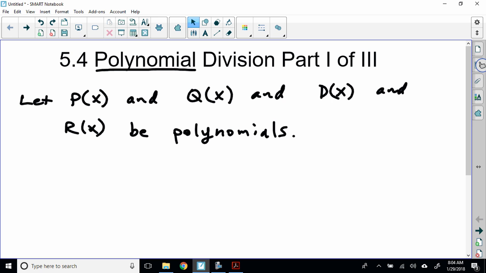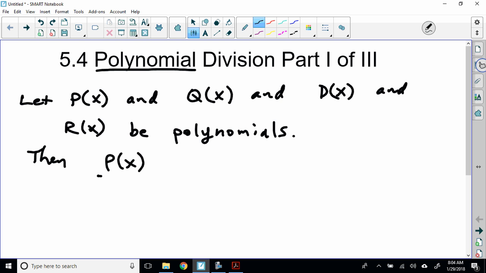So if P of x, Q of x, D of x, and R of x are polynomials, then what happens? If we had P of x divided by D of x, that's taking some polynomial and dividing it by a divisor, then that's going to equal our answer, which is our quotient, Q of x.